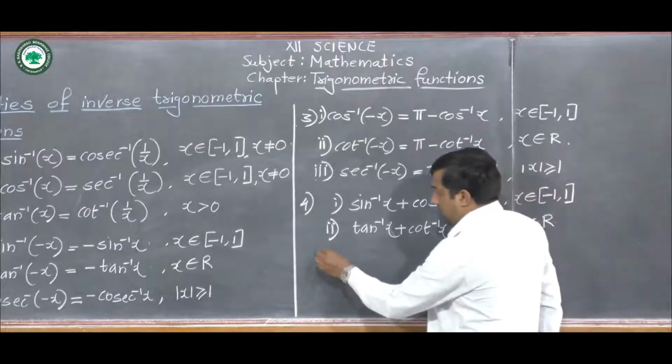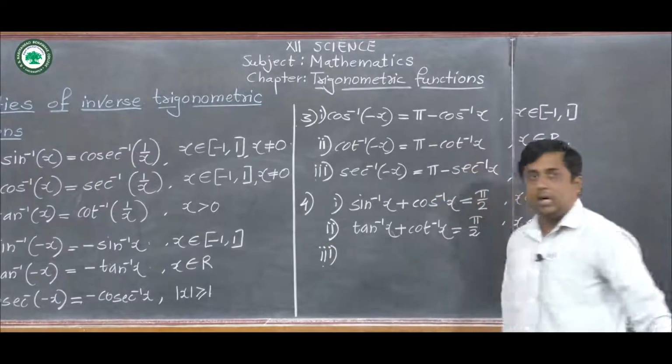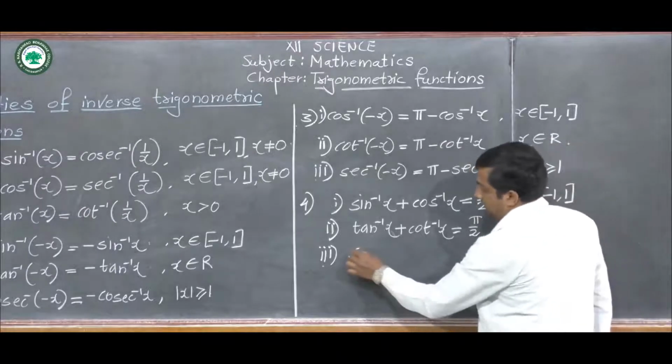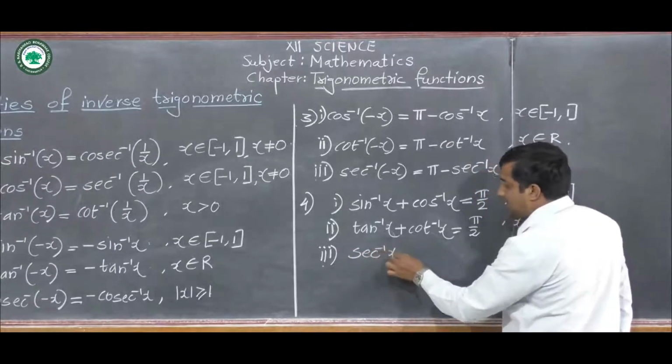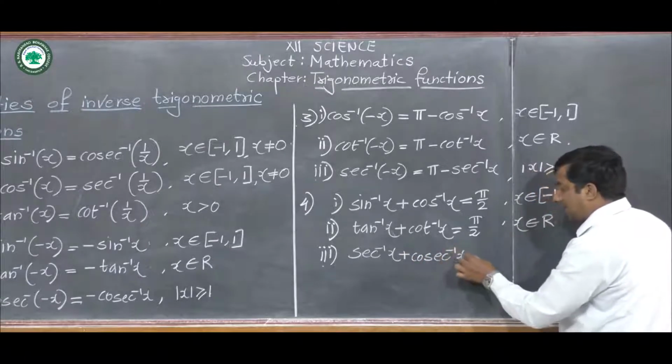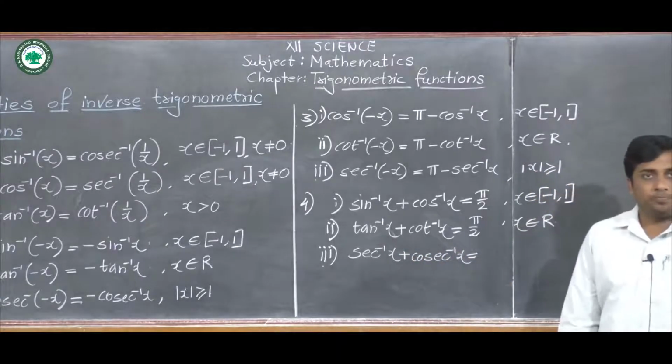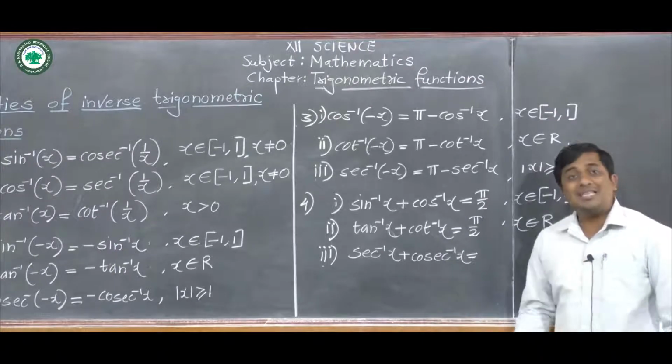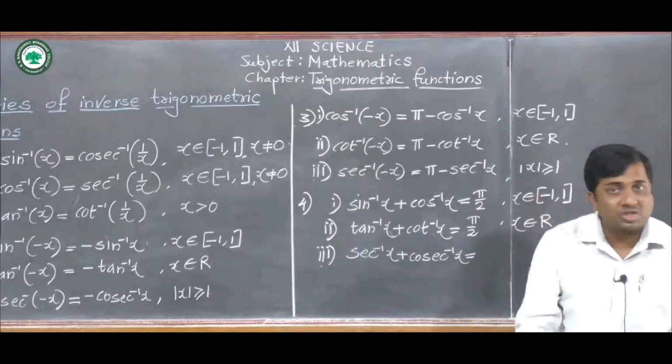Then the third sub point. In the third we consider sec inverse of x plus cosec inverse of x, and this is again equal to pi by 2, the addition of these two inverse trigonometric functions.